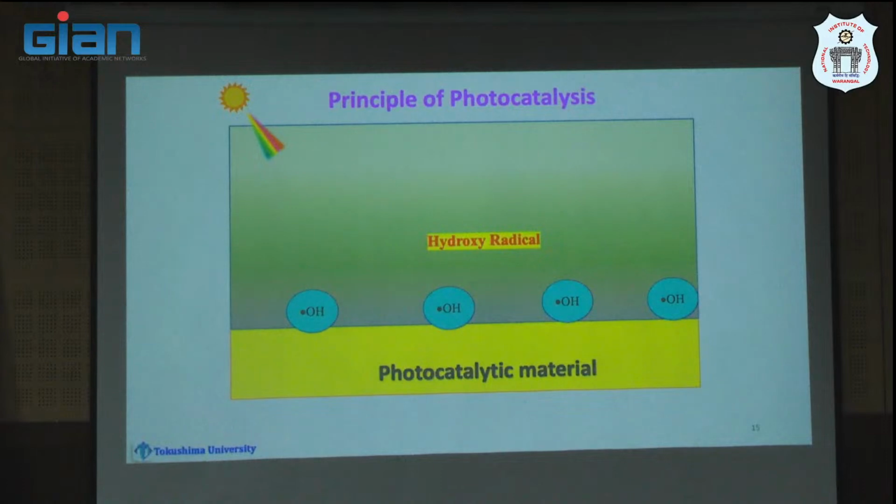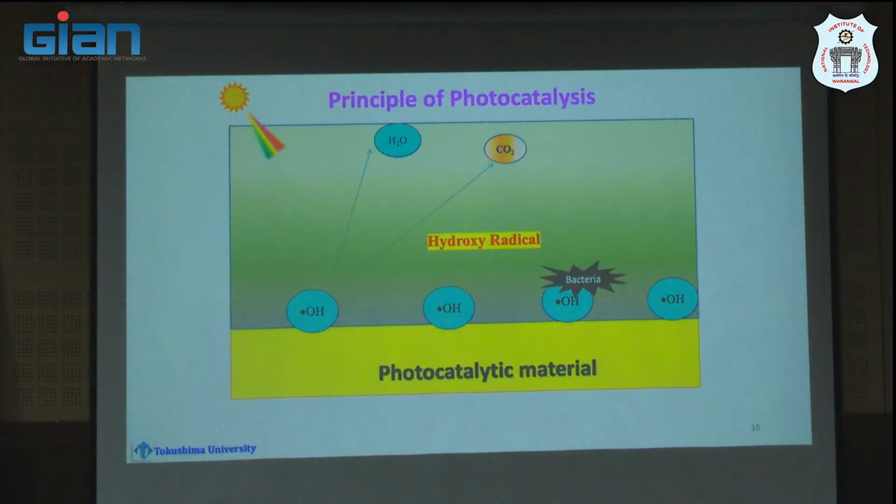Once the hydroxyl radicals are created, and there are bacteria or organic pollutants in the water, the OH radicals are ready to react with the organic pollutant, organic molecule or bacteria. Once the OH radical and the organic pollutant react with each other, H2O and CO2 are created.